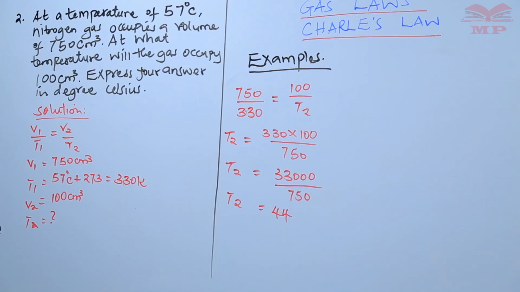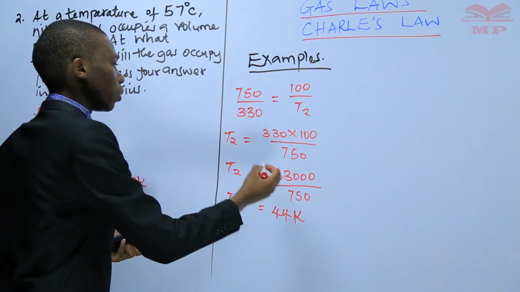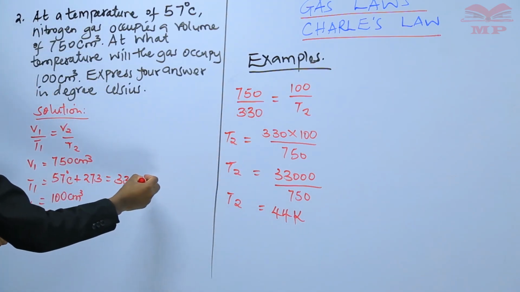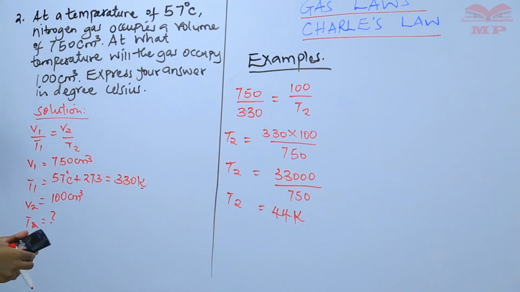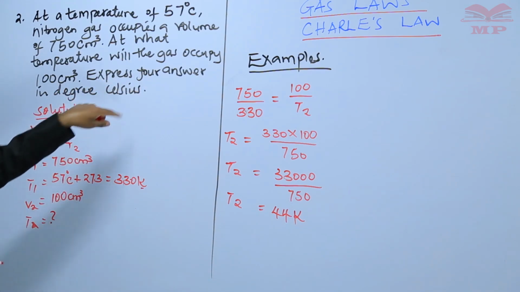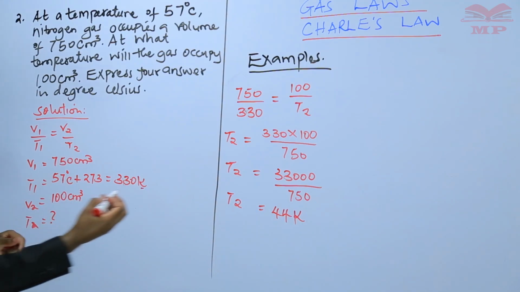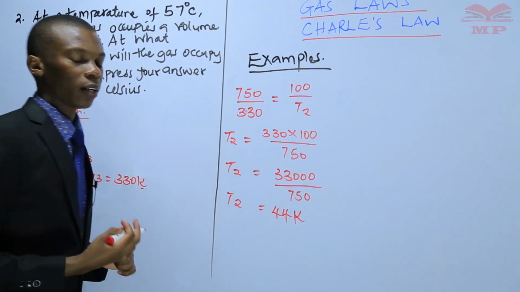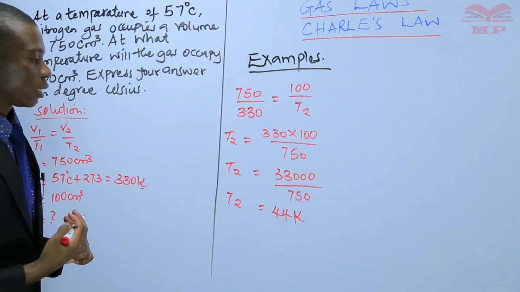44 is now in Kelvin because we had already converted our T1 into Kelvin, and therefore T2 is also in Kelvin. Again, remember, you're supposed to express your answer in degrees Celsius. And therefore, you have to convert this 44 Kelvin into degrees Celsius.